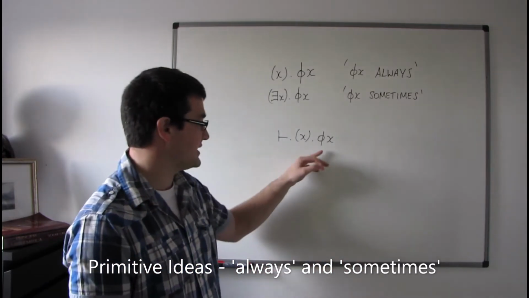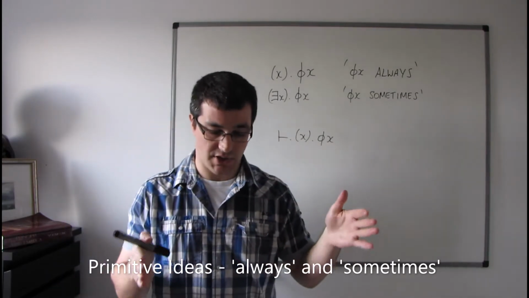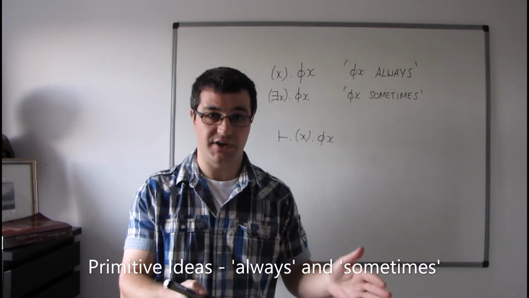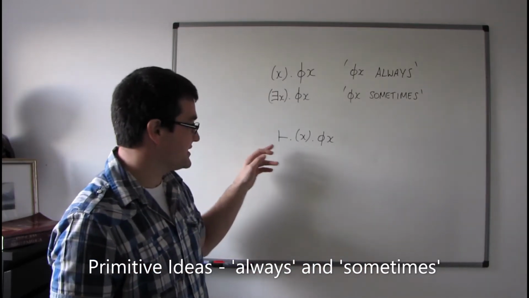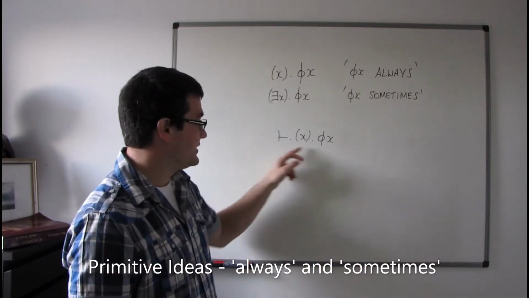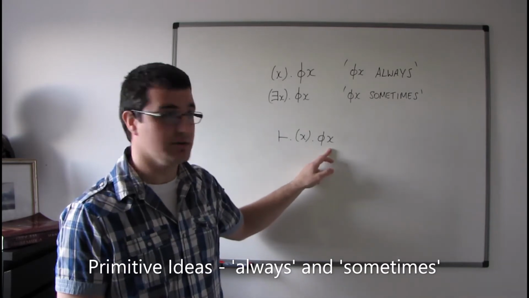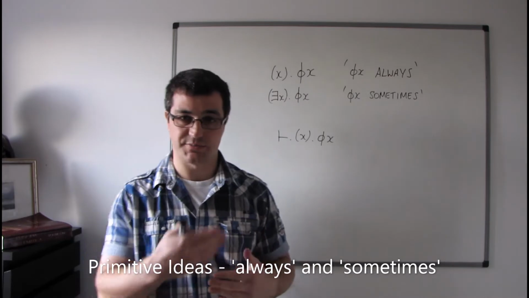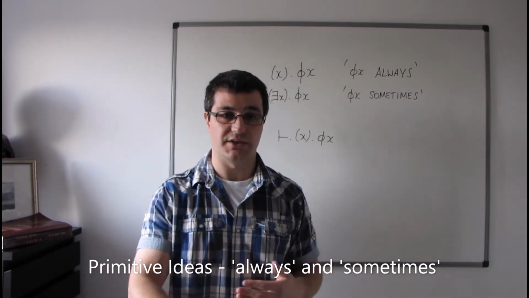So what I do here is I check out all of the values of my function which make it significant and see that they're all true, and therefore I can make this assertion, phi x always. So when we say phi x always, we're speaking more in relation to the values of the function.